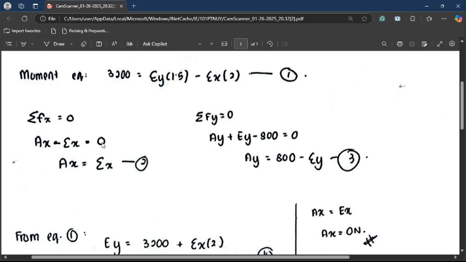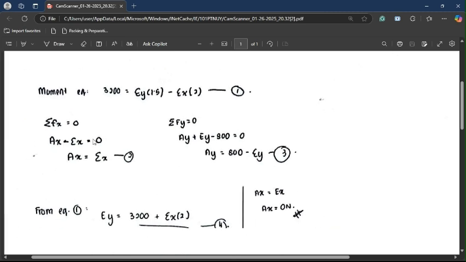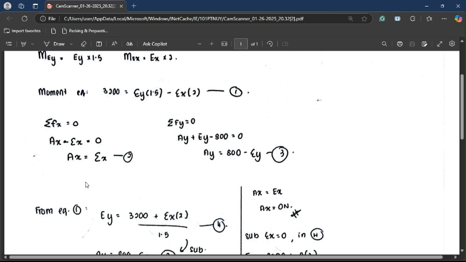Since no external horizontal forces act on the system, I could simply use Ax minus the sum of Ex equals 0, which gives a new equation like this: Ax equals Ex.